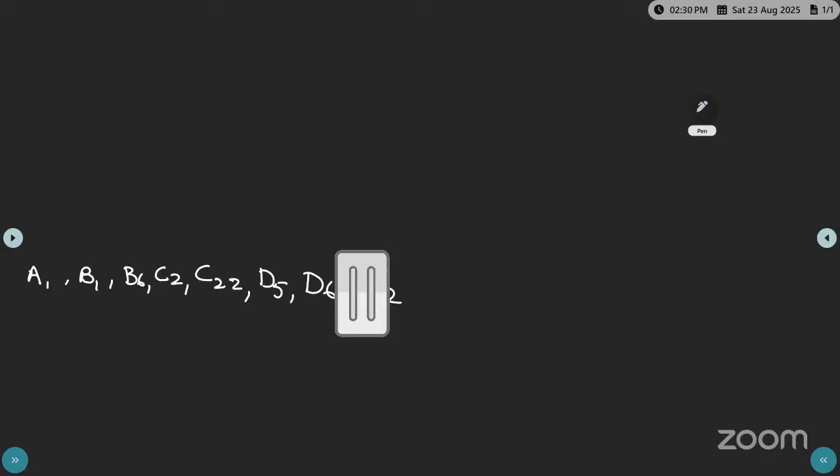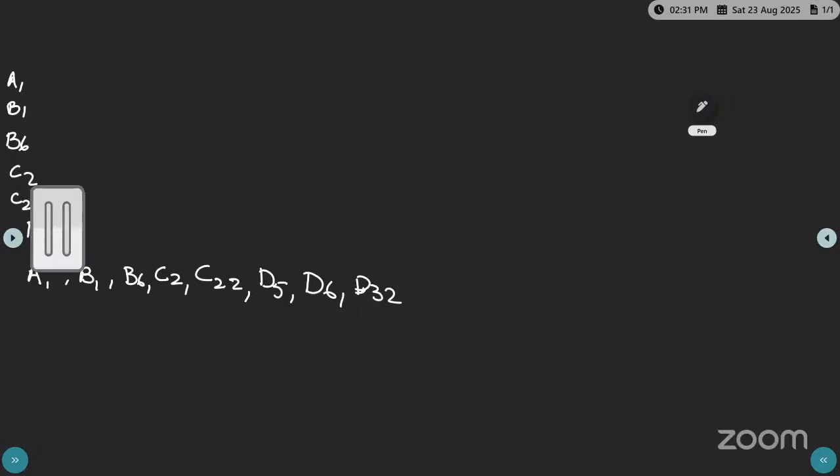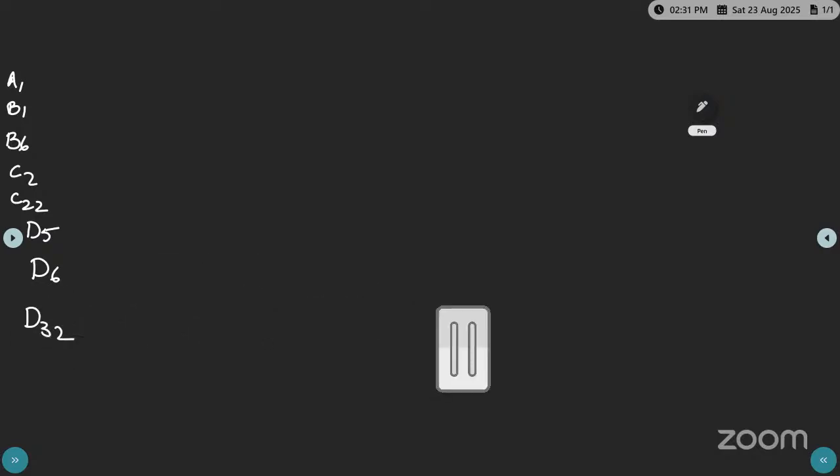Small B tree, order 3, with these elements: A1, B1, B6, C2, C22, D5, D6, D32.